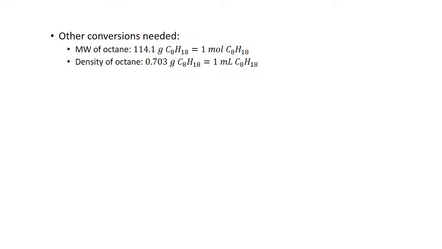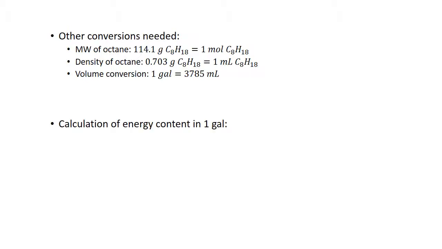We need the density of octane, which we look up and find is 0.703 grams per milliliter, because we measure gasoline in volume, not in mass. But the volume unit we use is gallons, so we look up a conversion and find 1 gallon is 3,785 milliliters.